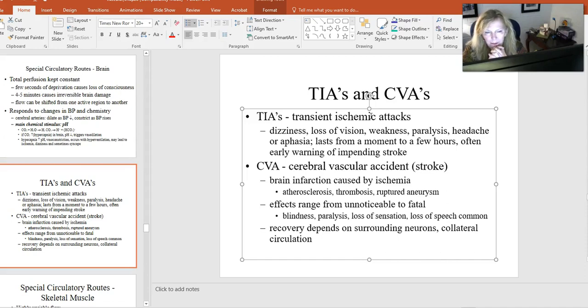So FAST is a little phrase: making sure people can smile, speak to you, talk, and then seeking help as soon as possible.